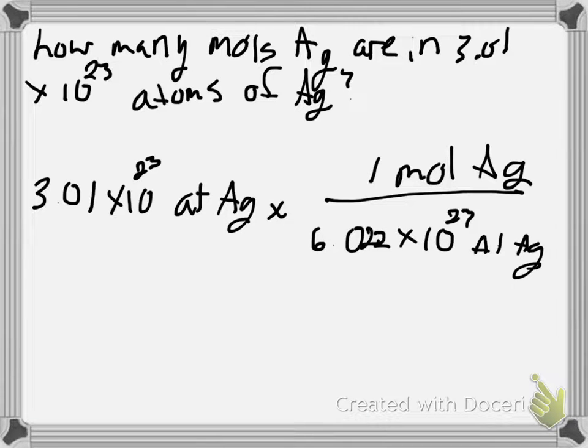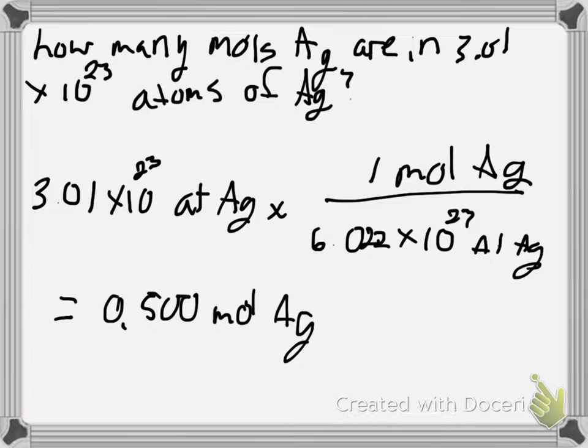So when we do that, we come out with 0.500 moles of silver, which should be familiar because this is the example one we ran in our notes.